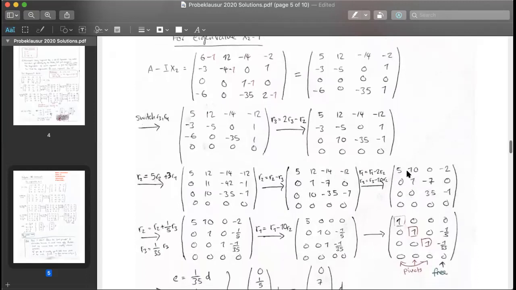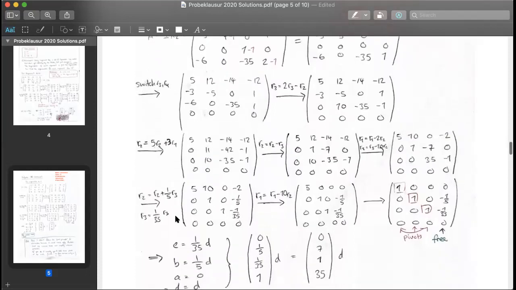Now, if you observe, we obviously have this column and this column clean. This column is also clean. So actually, we are done with elimination if we want to be. But I think it's always nicer to clean it up a little bit more. And if you clean it up a little bit more, you'll get this.